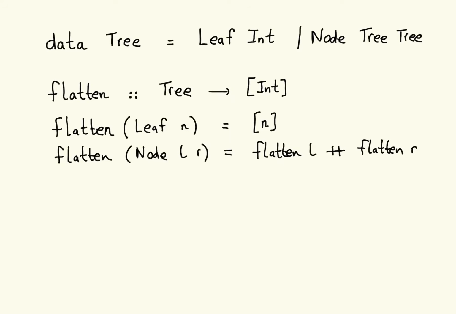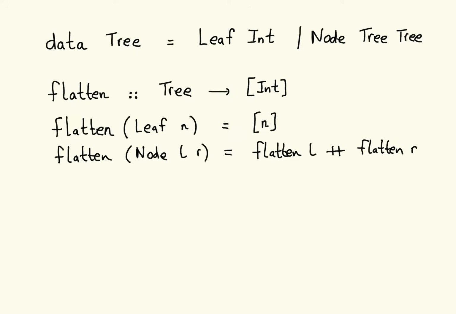And what we're going to do is the same trick as last time. What we're going to do is first define a more general function that combines the behavior of flatten and append. So we're going to define a function that does a bit of flattening and a bit of appending. And this is exactly the same trick we used when we obtained a fast version of the reverse function.